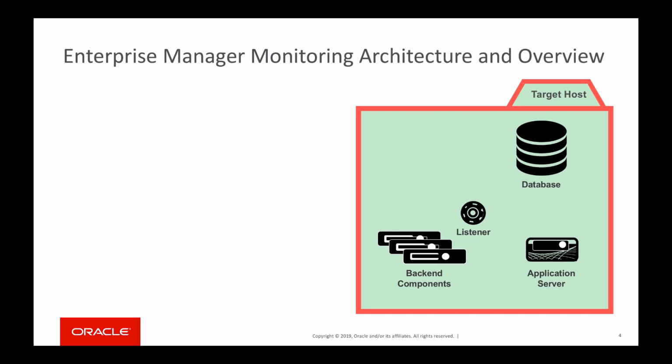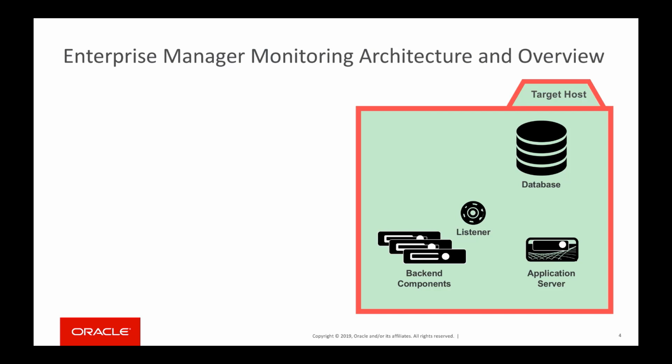Enterprise Manager Cloud Control provides unattended monitoring capabilities to your IT environment, and that starts right after the installation. So let's see how that works in a simplified diagram as you see on the screen. In this example, you have a host. Perhaps it's a Linux box, or Windows, or Solaris, or Exadata, whatever that is, this is your host system.